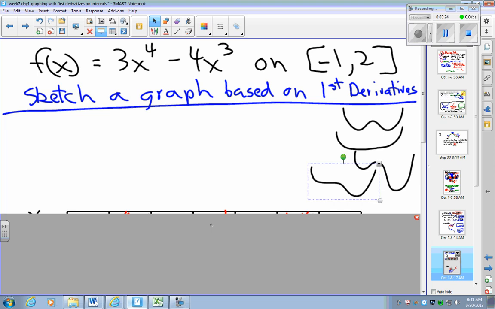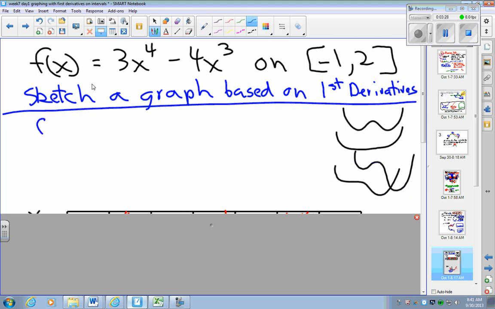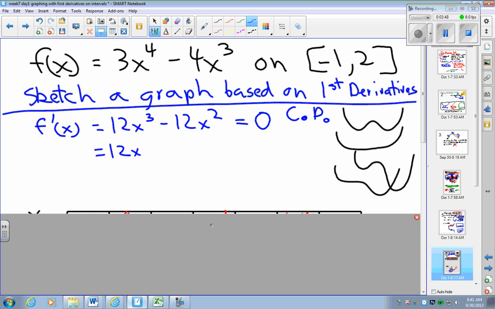Okay, so we're going to try and figure it out. I'm going to graph by looking at the first derivative, 12x cubed minus 12x squared, and I want it equal to 0 because I'm trying to find my critical points. So I set it equal to 0. I am now going to factor out a 12x squared.